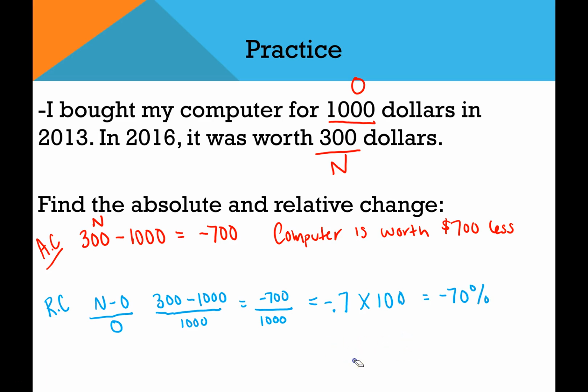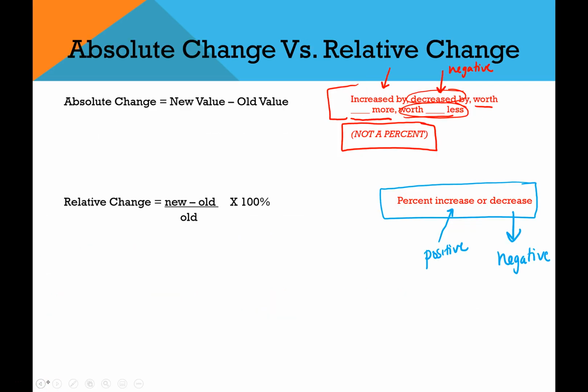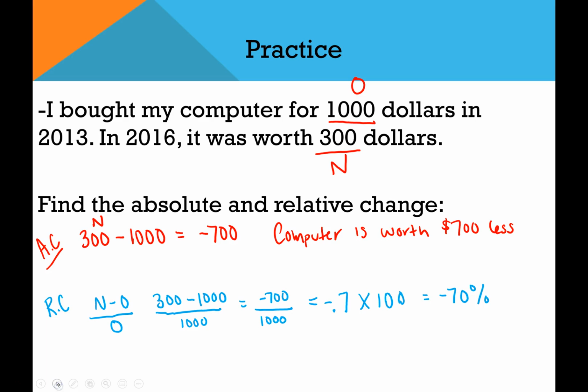We basically just want to say decreased by. Remember, if we have a negative answer, we're saying decreased or decreased by. Either is fine. So a sentence here, we can say computer value decreased by 70%. And notice how I'm keeping it positive now. The fact that I said decrease really indicates that it's negative.